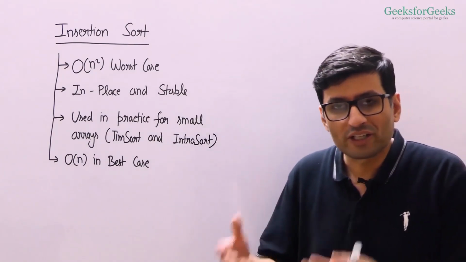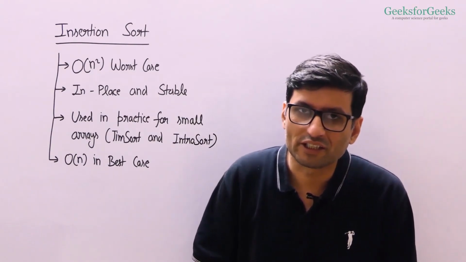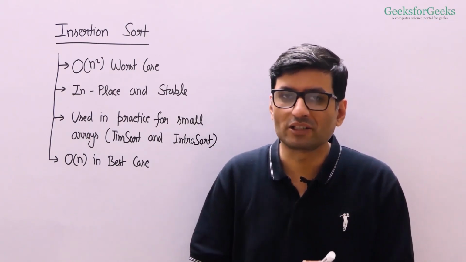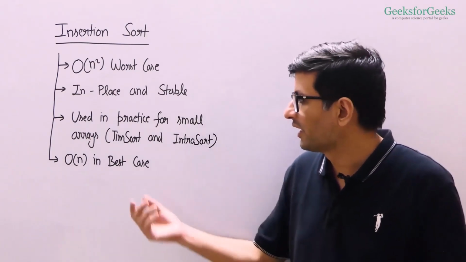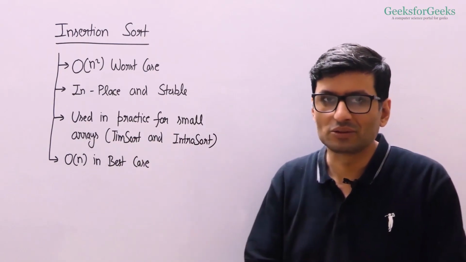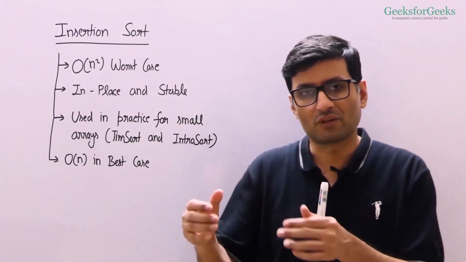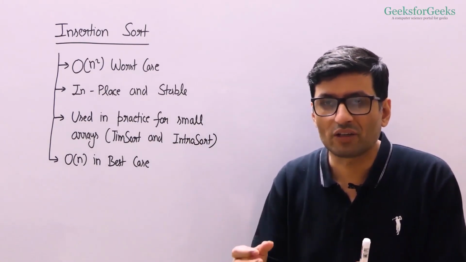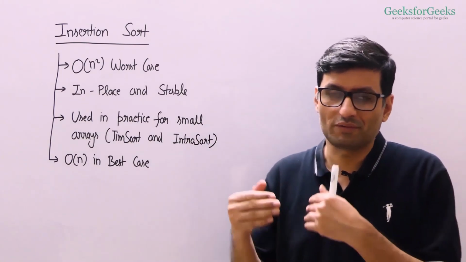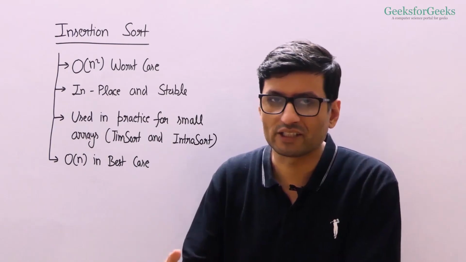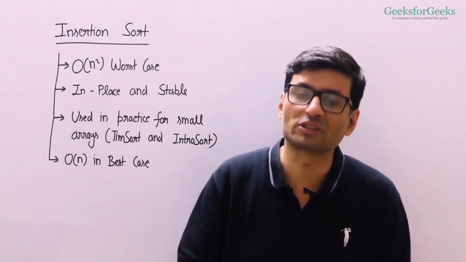So there are sorting algorithms which are used in standard library functions. For example, Python uses timsort. And timsort uses merge sort, which is an n log n algorithm for sorting general purpose arrays. And when your array is small, or when you are doing merge sort and array size becomes small, it switches to insertion sort.